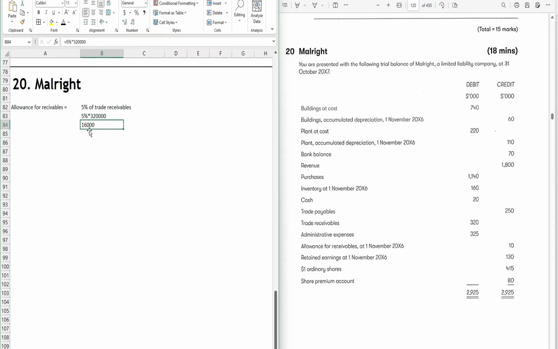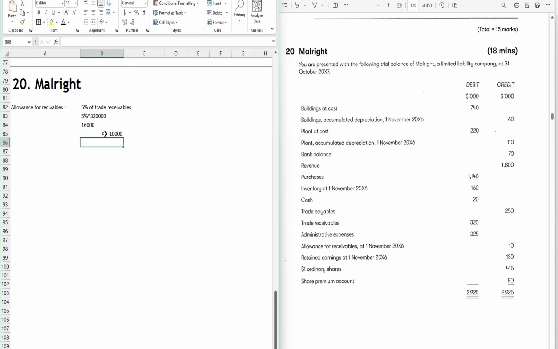But this is your closing balance for this year end, not the amount that will go in the P&L. So what amount will be shown in the P&L? The movement in the allowance for receivable. Do you remember the opening amount of allowance for receivables? Yes, it's 10,000. So previously it was 10,000.